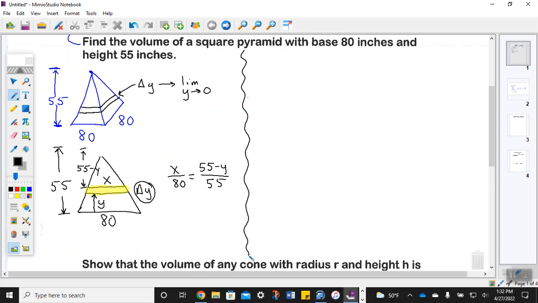Your first goal all the time, your first goal, write a function for the volume of one slice.